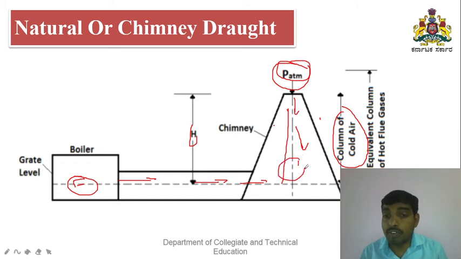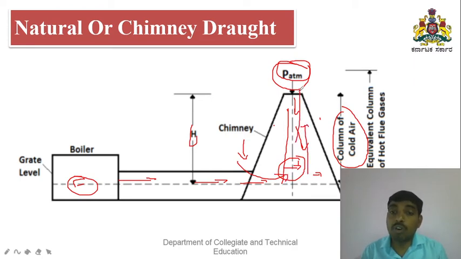Due to the density difference, the pressure decreases. Then the outside air flows inside the chimney, and the flue gas goes out of the chimney. Flow is from high pressure to low pressure, and it goes out of the chimney. That column we can call the equivalent column of hot flue gases.